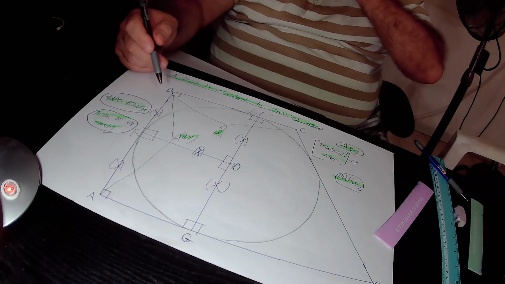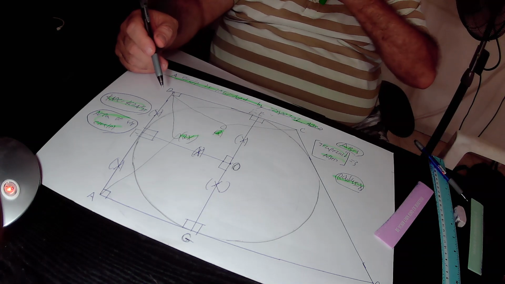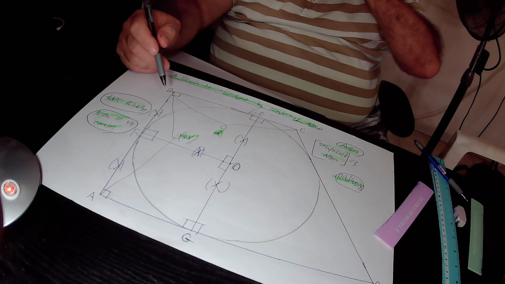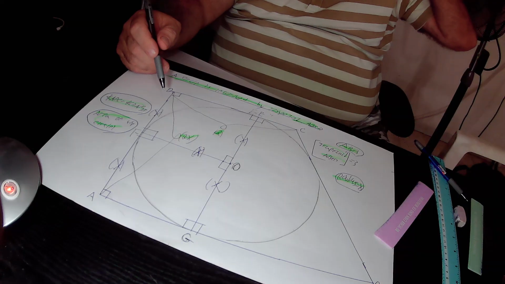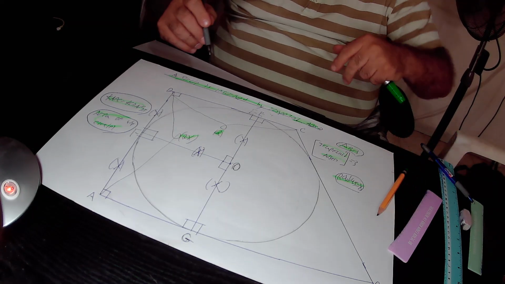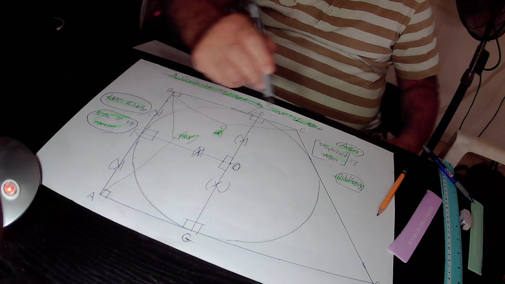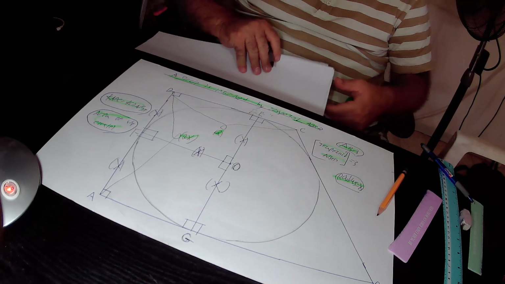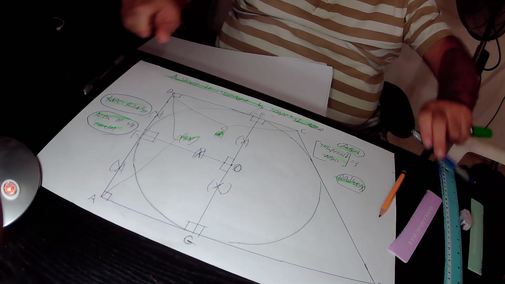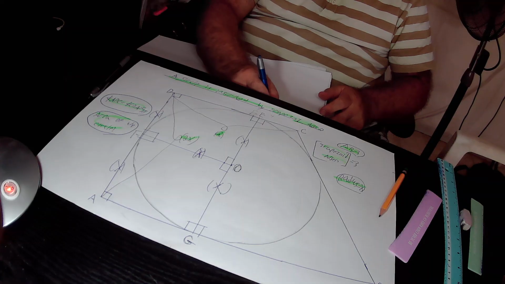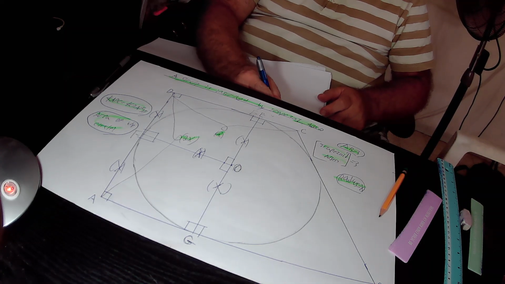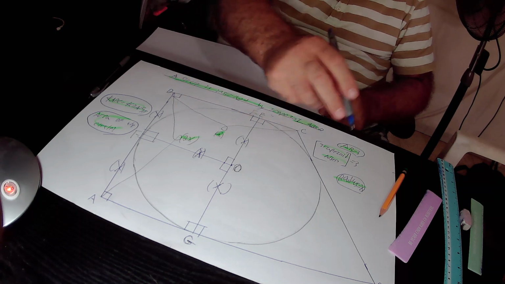So we use this in our question without repeating the proof. So we only found out that DA plus CB is equal to DC plus AB.